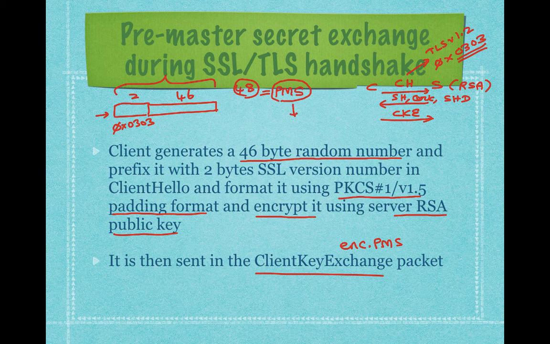From this, the server will use a pseudo random function and calculate a master secret. Again, it will use another pseudo random function and calculate the ultimate key material. This is the final symmetric key you are using to encrypt the application data. You don't have to worry about all these things. We are only focusing here on the pre-master secret. So in summary, if you want to decrypt a packet, you definitely need the pre-master secret.